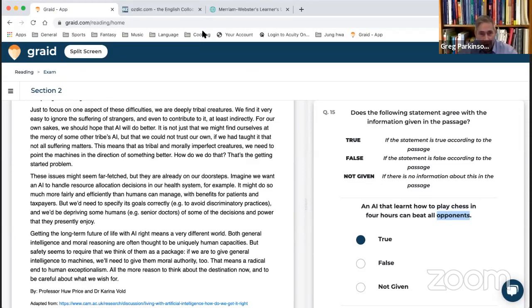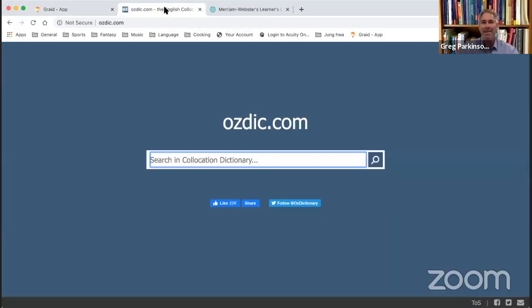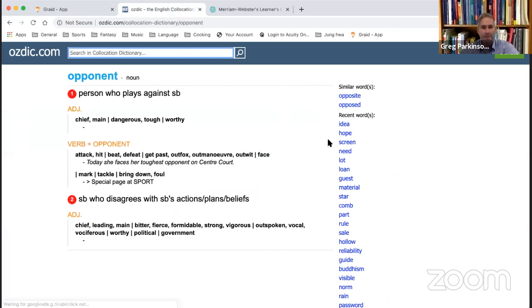Now, I have mentioned this in previous webinars, but now I'm online and I can share my screen with you. This is the Collocation Dictionary, right? So it doesn't have every word in the English language, but hopefully this is correct because I tried this before. If we put in the word opponent, there we get an example, right? So we can beat an opponent, right?